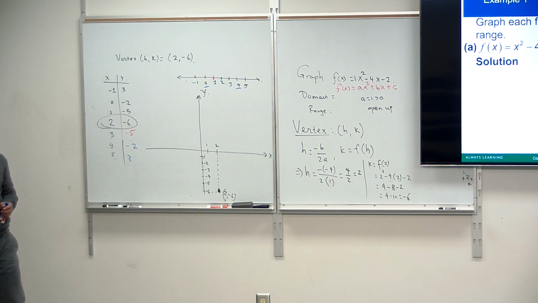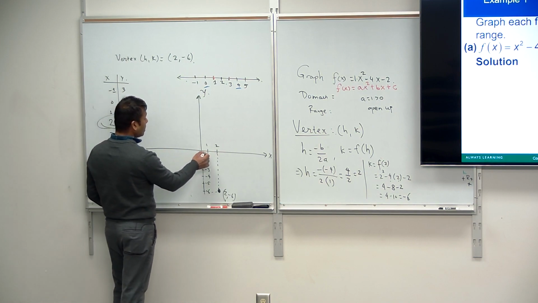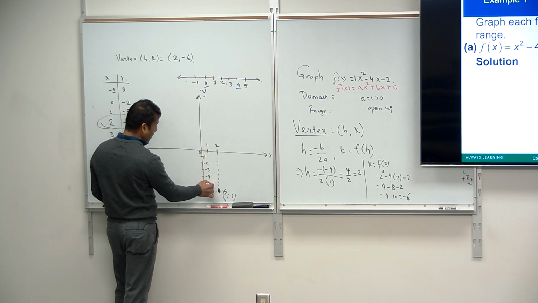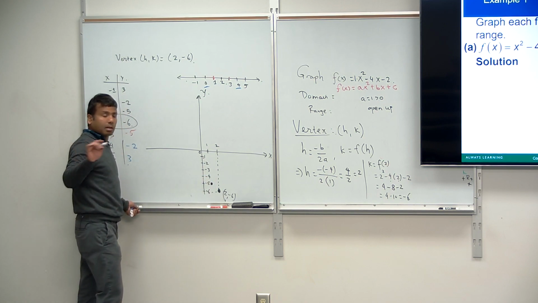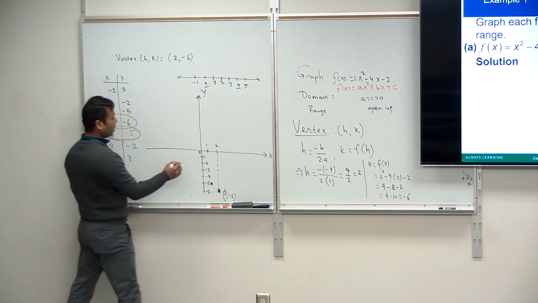See that? And then you have 1 comma negative 5. Negative 5 is 1 unit right of the origin, negative 5 right here. You got it? And then you have a what? 3 comma negative 5.